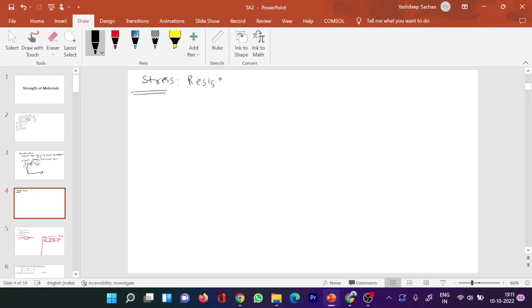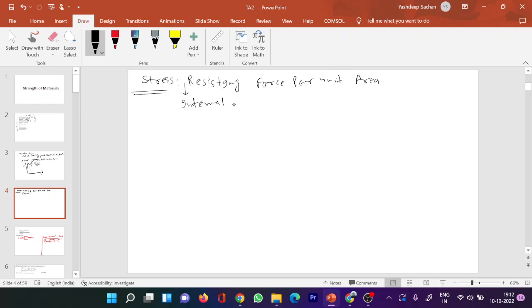And one important thing you missed here. You told resistance, resisting force per unit area. But which resisting force, external or internal? Here it is important: internal resisting force. So stress is internal resisting force per unit area, and that is the first main thing.